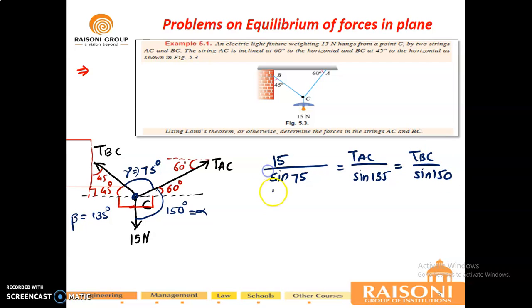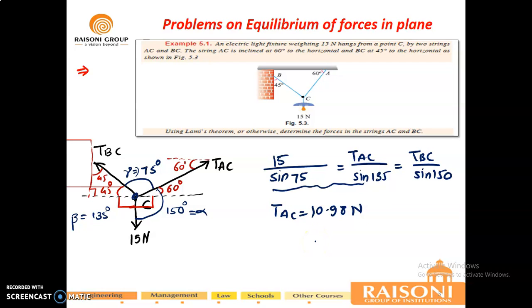Comparing these two, you will get the value of TAC. TAC will be 15 into sine 135 divided by sine 75. So your answer will be 10.98. Tension in AC string will be 10.98 Newton.